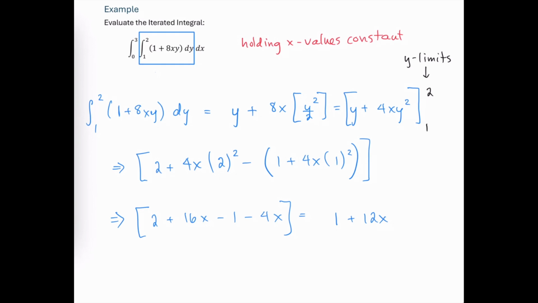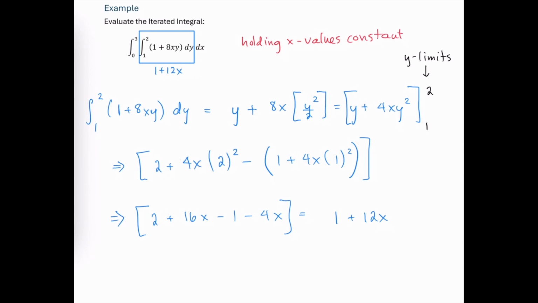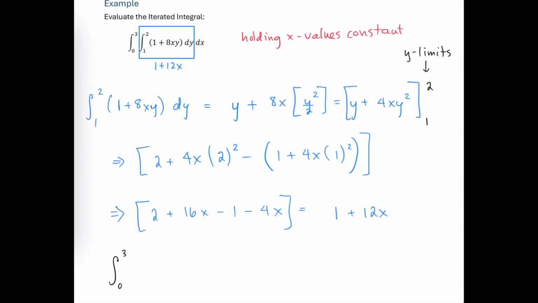So now we'll essentially substitute that 1 plus 12x in for that inside integral and then use that as the integrand for the outside iteration, which is then integrated with respect to x. Notice with this outside iteration, there are no y values anymore. We've plugged in y limits for all those y values, so we shouldn't have any more y's in this outside iteration.